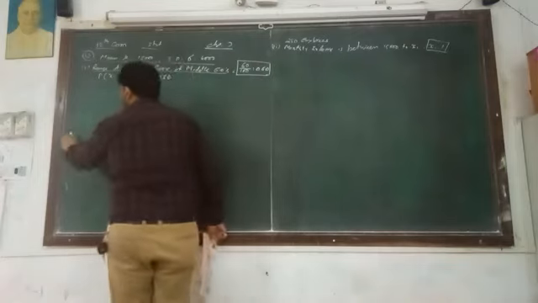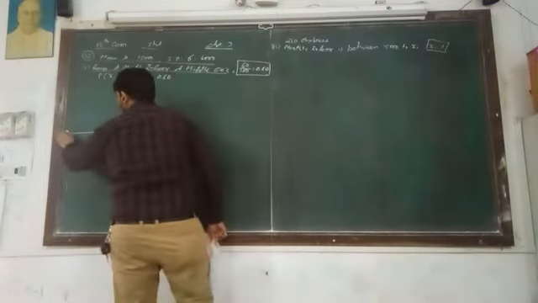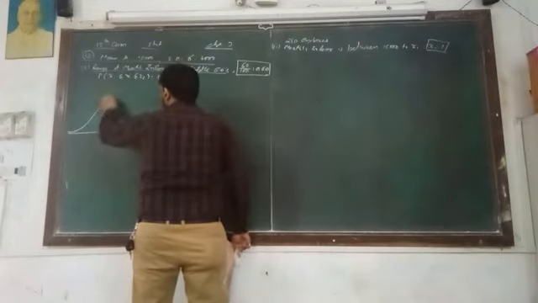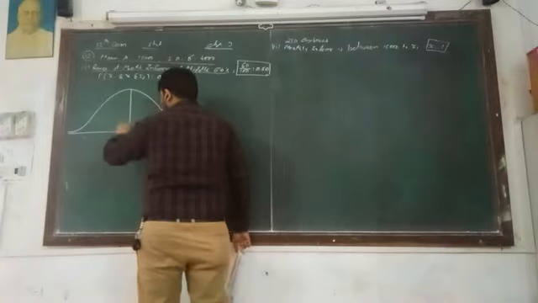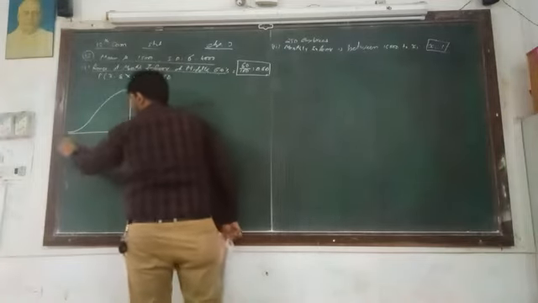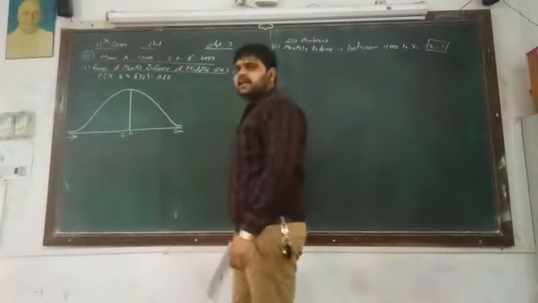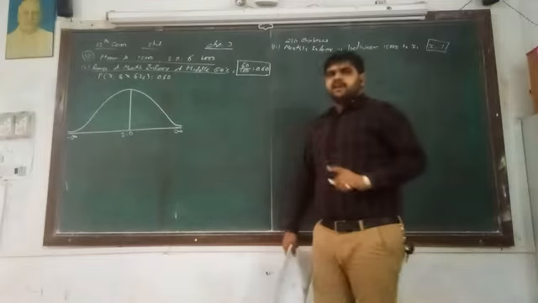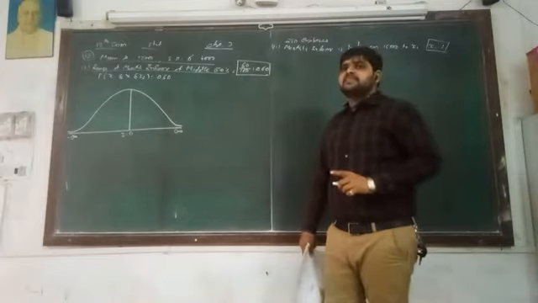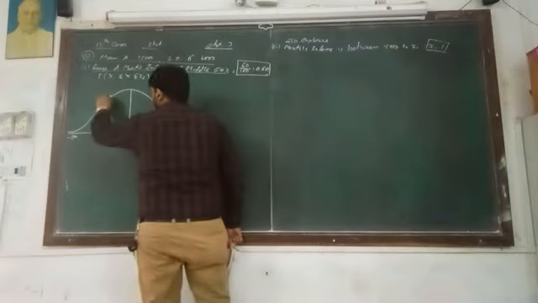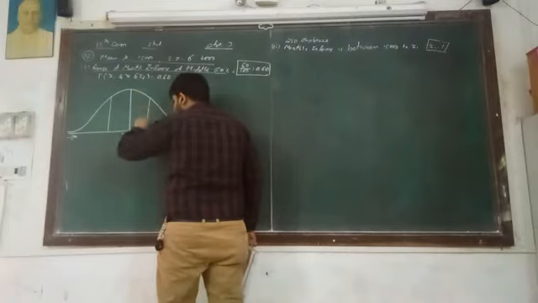Here we can first of all draw the bell-shaped diagram. So this is the bell-shaped diagram, where z is equal to 0, with minus infinity and plus infinity at the ends. Middle 60% means 30% from the left hand side and 30% from the right hand side.